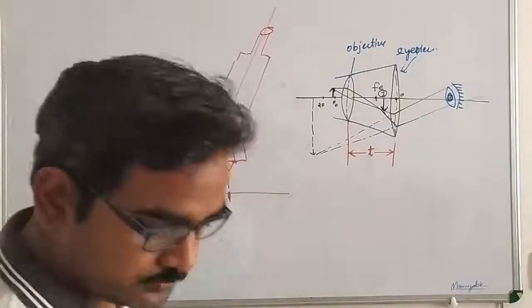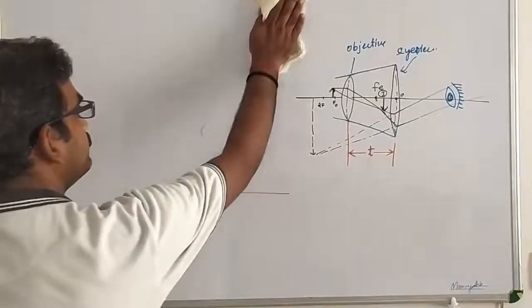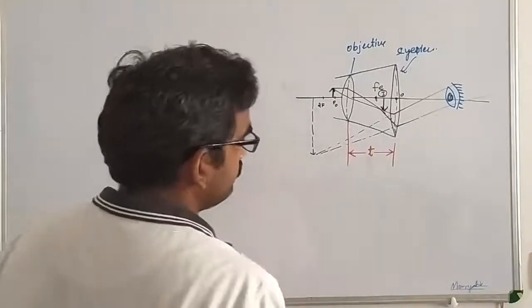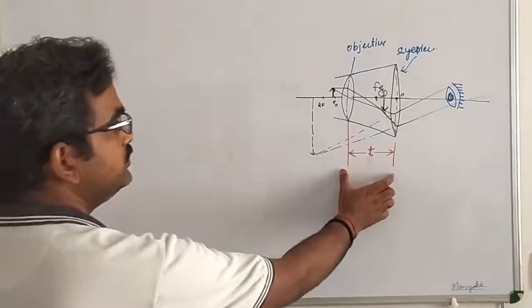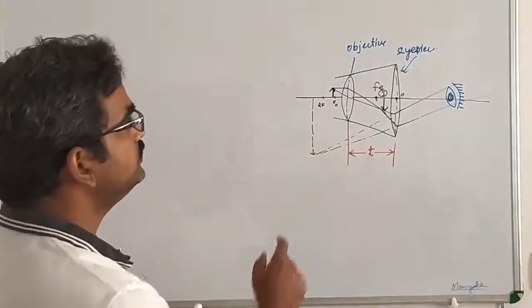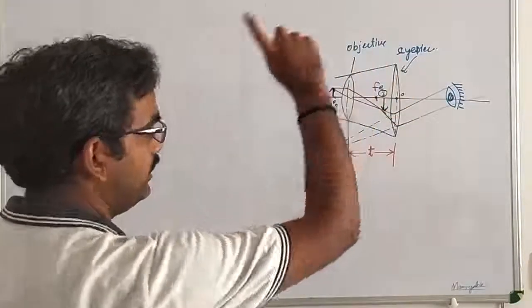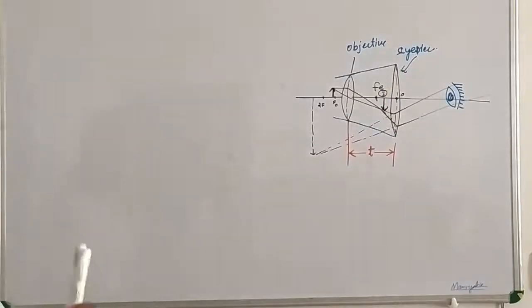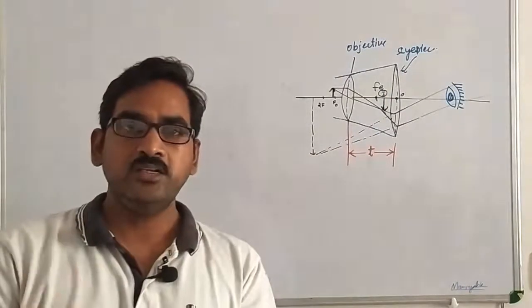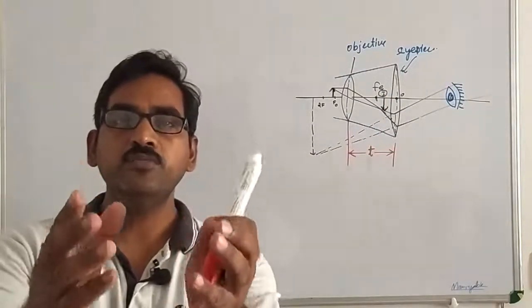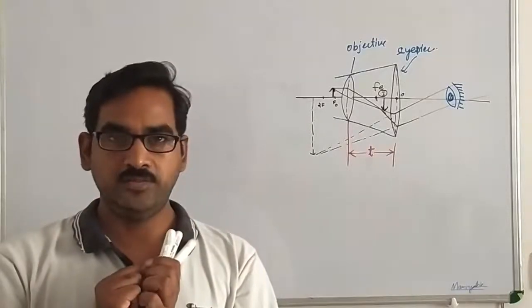But remember, this distance we cannot change. So this is our objective and this is the eyepiece. Now let us understand the concept of magnification.